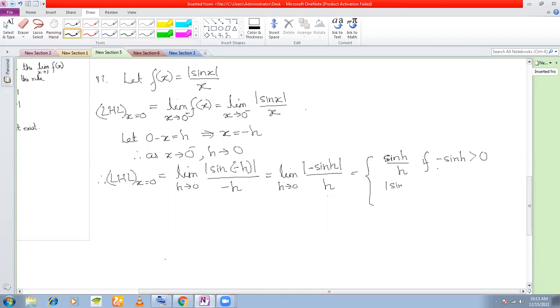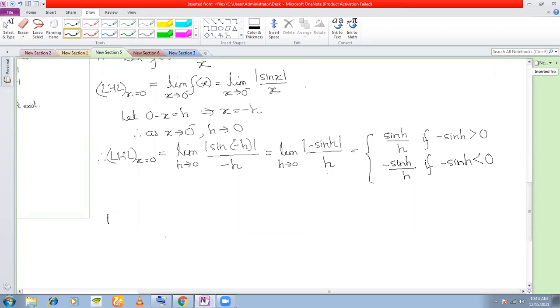And if minus sine h is less than 0, then it is minus sine h by h. This is from the definition of modulus. So what do you see? That the left hand limit exists finitely, but it does not exist uniquely. Let us see the right hand limit.